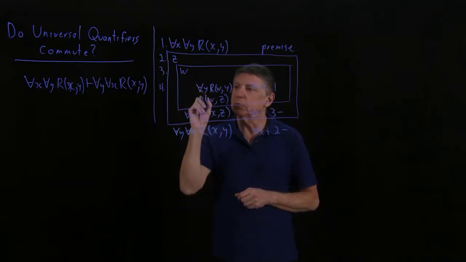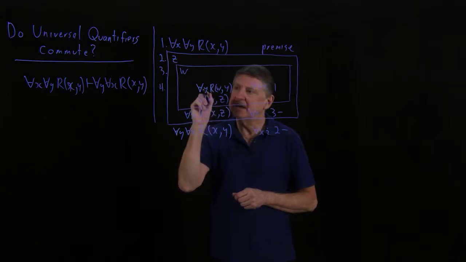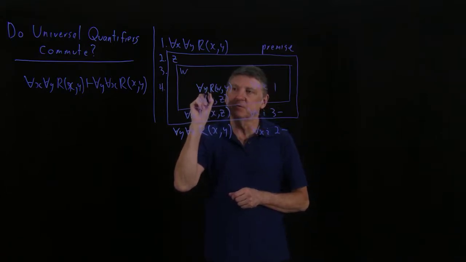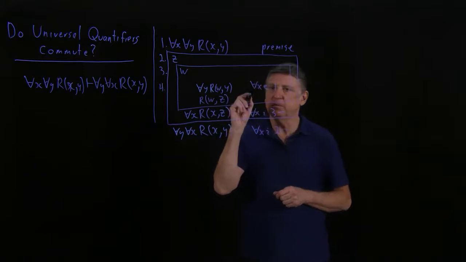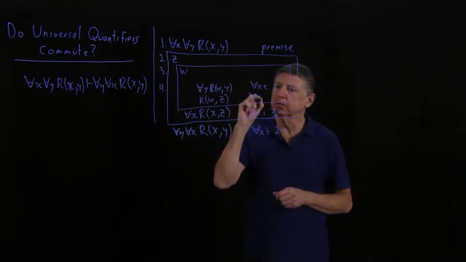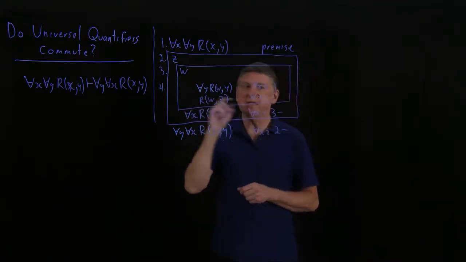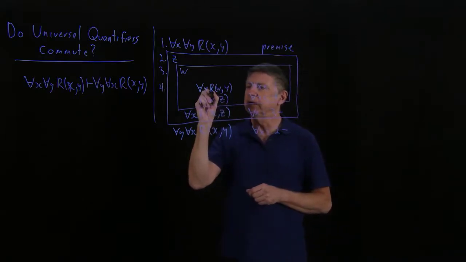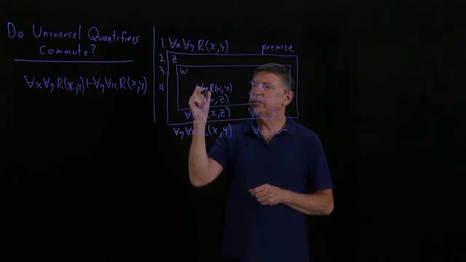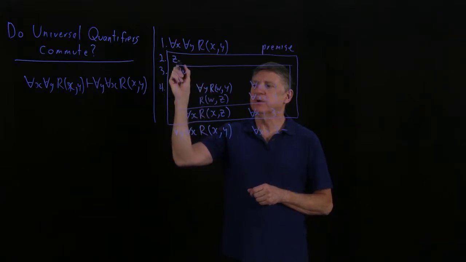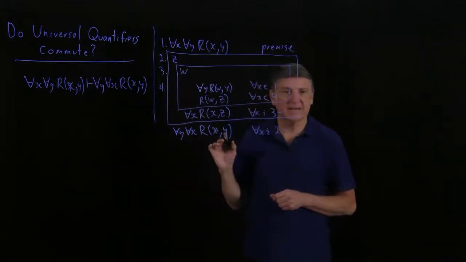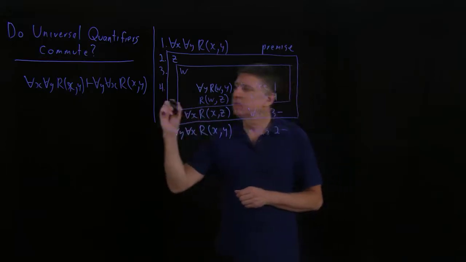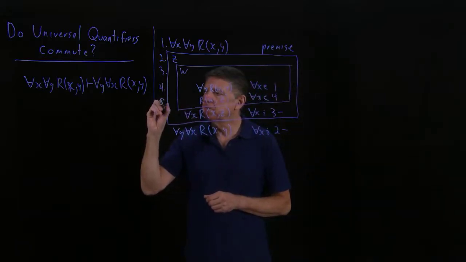And the answer is, that is an application of universal elimination. So that would be universal elimination based on line 4, and what I would be doing is replacing y with the fresh variable z. Is that allowed? Certainly. So that would be line 5 of my proof.